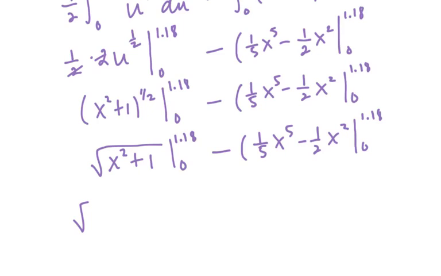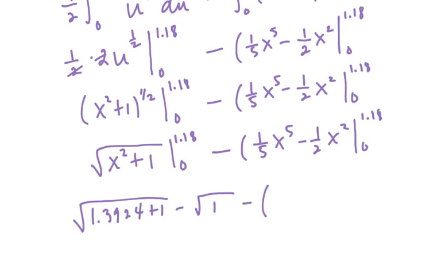All right, so now we're going to plug this in. 1.18 squared. I have a calculator handy. It doesn't have batteries. Okay, fixed. 1.18 squared is 1.3924 plus 1. Minus, when you plug in 0, you get the square root of 1, which is 1.